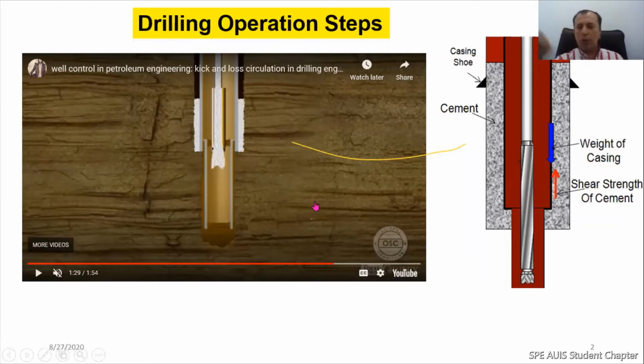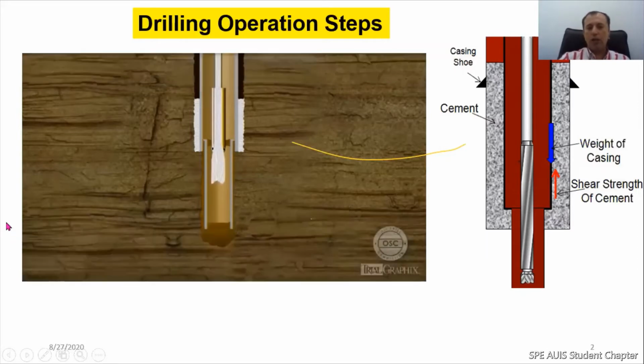Each of those parts has a chapter, and we talk about it in the drilling class at AUIS. But I'm gonna summarize it to you to know the main parameters, the main factors involved in the construction of boreholes. So that is called oil well cementing.